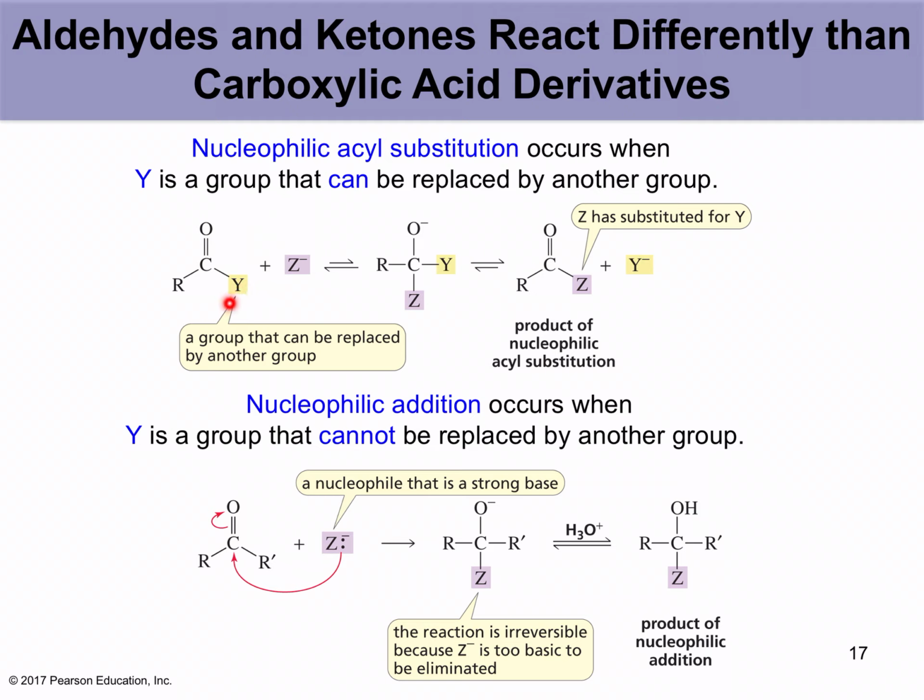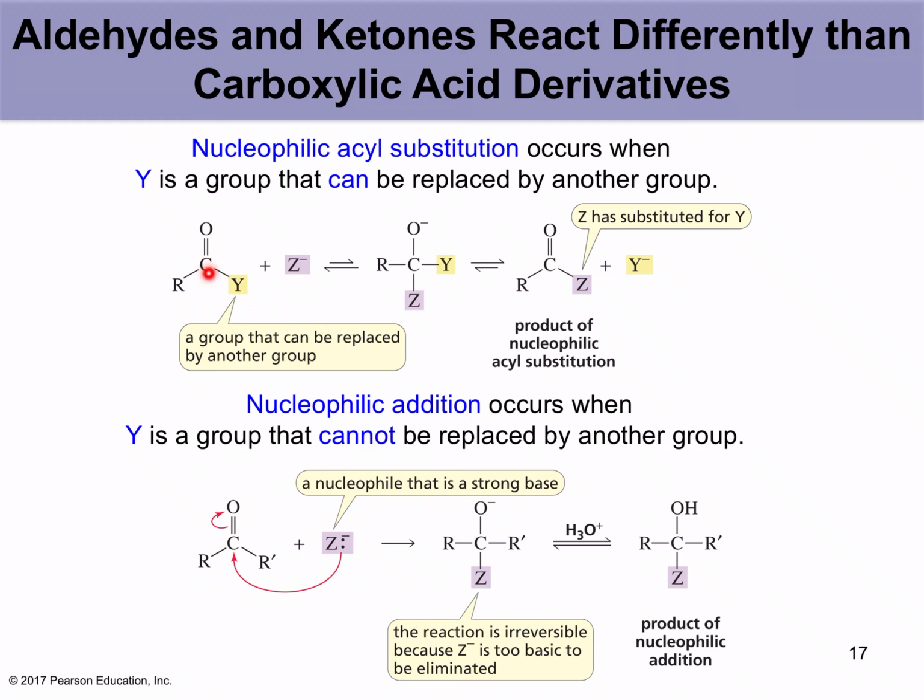If this Y group that is attached to the carbonyl group can be replaced by another group like Z, then you can have a substituted product. Instead of Y, now you have Z, but it's going to go through this four-membered carbon tetrahedral intermediate. First, the Z nucleophile adds, always adds to the carbon.